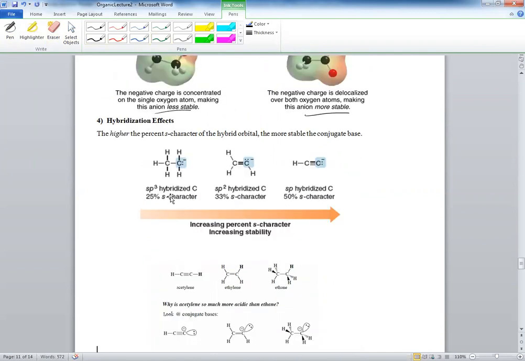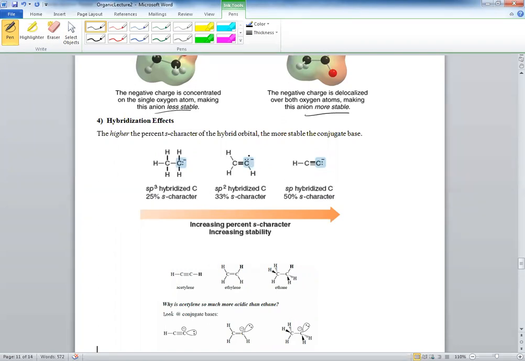If you look at the conjugate bases of ethane, this is an sp3 hybridized carbon, versus ethylene, the conjugate base, this is sp2, and this is sp. Again, remember with hybridization, we count the number of electron domains. We have 1, 2, 3, and 4, so that's sp3.